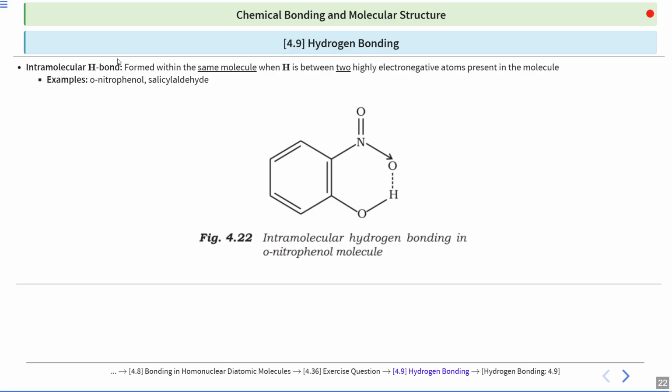I am leaving the task of seeing the interaction for salicylaldehyde to you. For orthonitrophenol, you can see that the oxygen is doing hydrogen bonding with the hydrogen which is attached to oxygen. So this is a case of intramolecular hydrogen bonding.